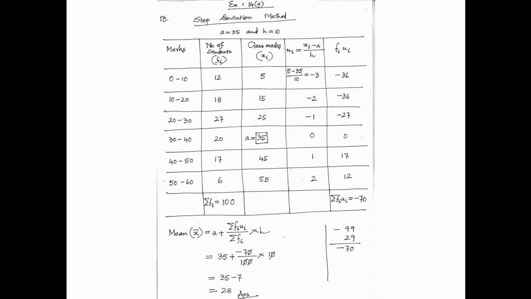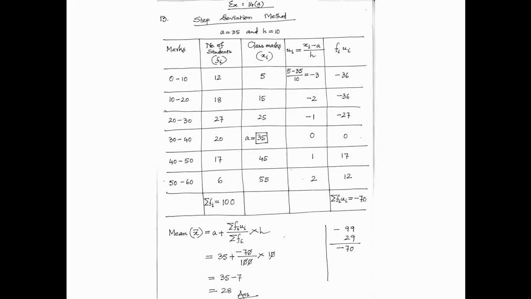Among the 6 class marks, it is difficult to choose exactly which one will be the middle. So for this reason, what you will do, from the beginning you see 5, 15, 25, and from the end 55, 45, 35. So 3 and 3, total 6.